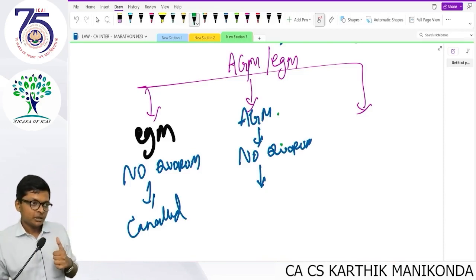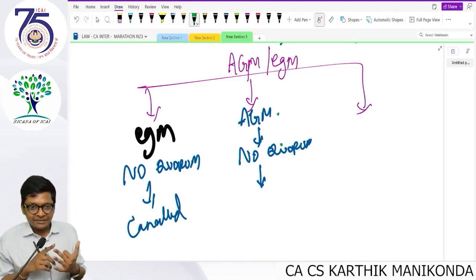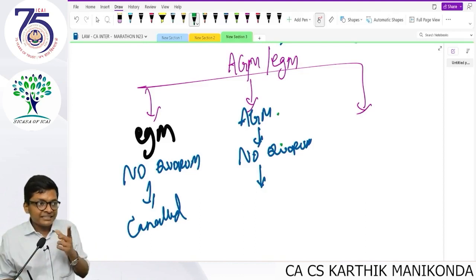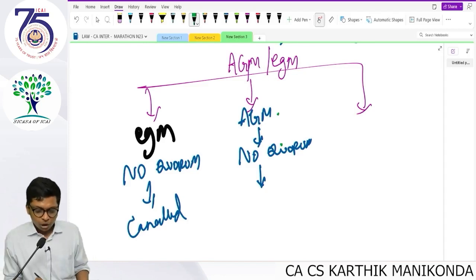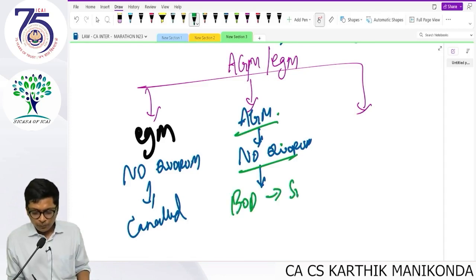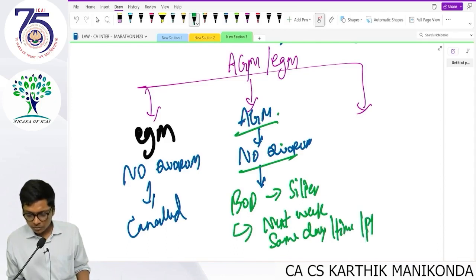Are you following? Again, the wrong learning over here. It is next week, same day, same time, same place, only if the board is silent. First, the board will decide when to keep it. If the board is not keeping it, then only next week, same day, same time, same place. So in AGM, if there is no quorum, the board will decide. If the board also is silent, next week, same day, time and place.